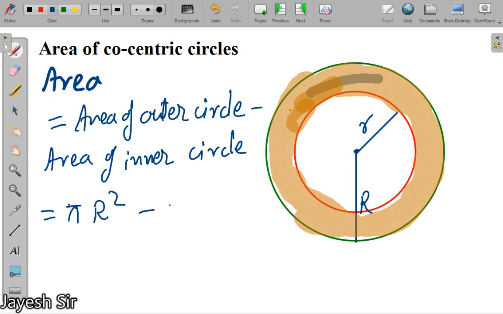Area of inner circle is pi small r square. So you take pi as common, R square minus r square.